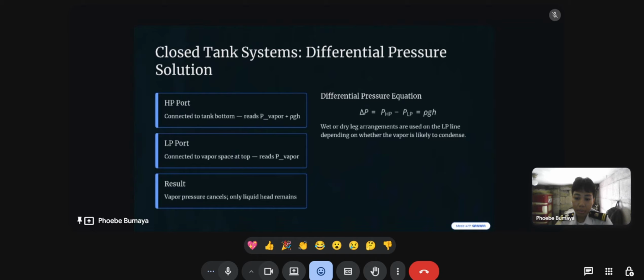As a result, vapor pressure cancels and only the liquid head remains. This is the differential pressure equation. Wet or dry leg arrangements are used on the low pressure line depending on whether the vapor is likely to condense.